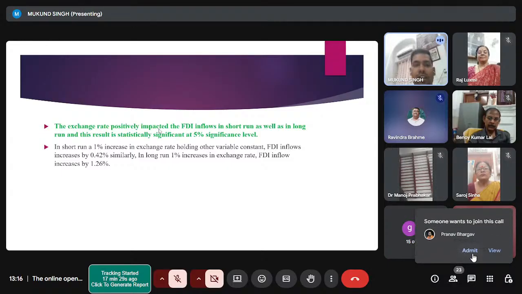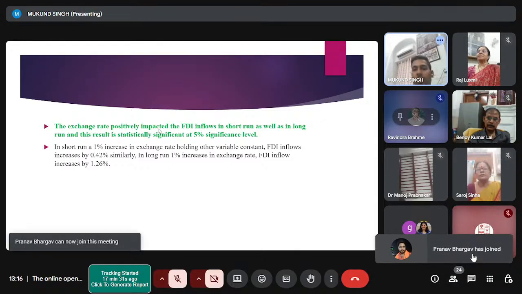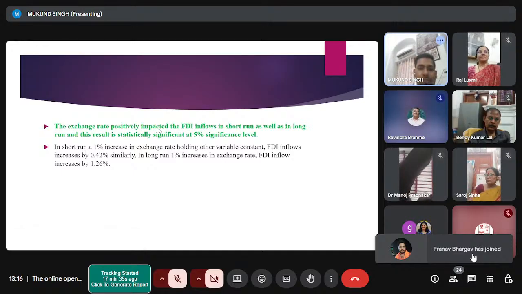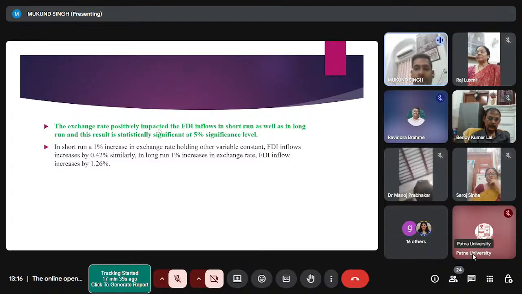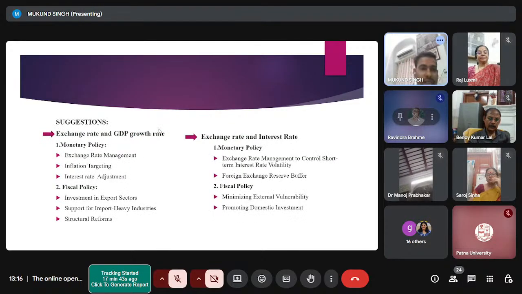It means in the short run, with a 1% change in exchange rate holding other variables constant, FDI inflow increases by 0.42%. Similarly, in the long run, a 1% increase in exchange rate increases FDI by 1.26%.